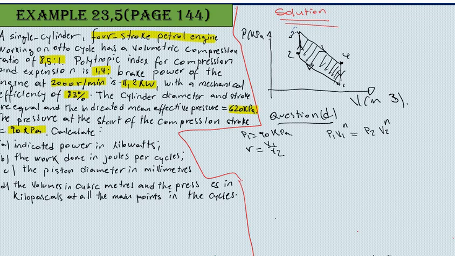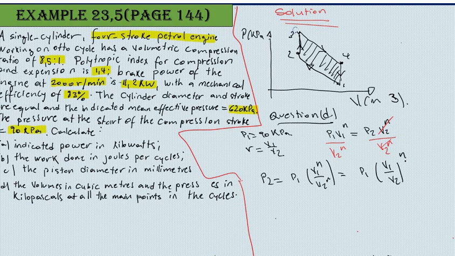To determine P2, I'm going to divide both sides by V2 to the power of n, and then I can simplify. So P2 is equal to P1 multiplied by V1 to the power of n over V2 to the power of n. That can also be written as P1 multiplied by V1 over V2, all to the power of n.